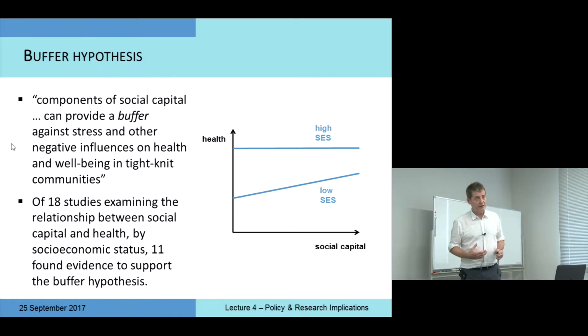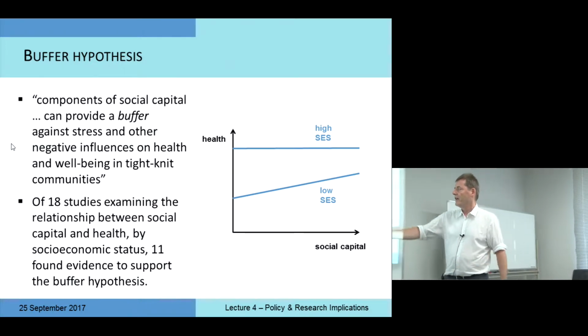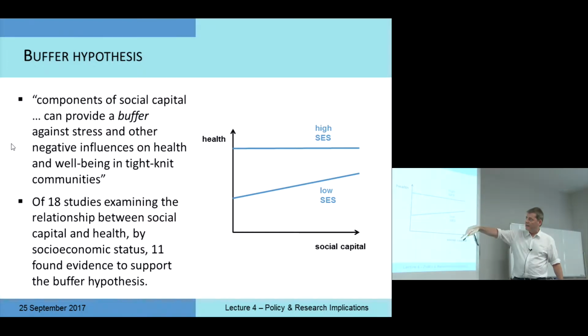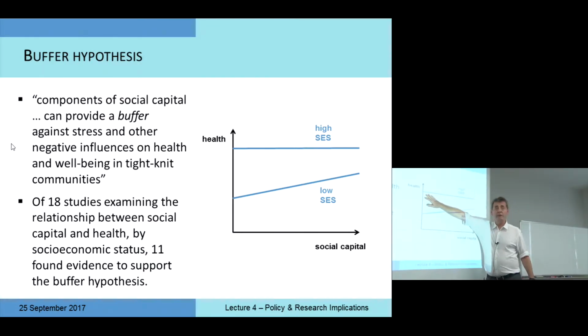tightly knit communities. And so what they're thinking of here is, if you imagine social capital being measured along the horizontal and health on the vertical, what they're suggesting is possibly there really isn't very much relationship between social capital and health if you belong to a high socioeconomic status group.